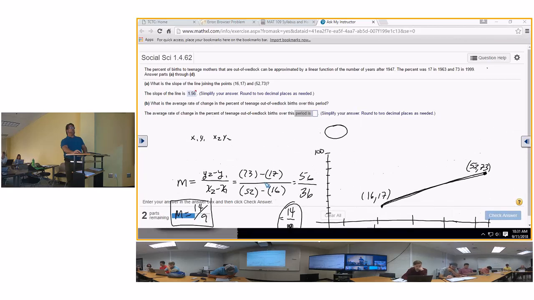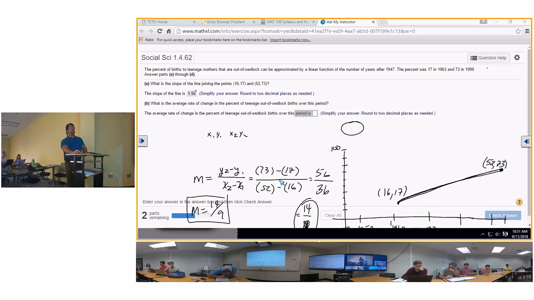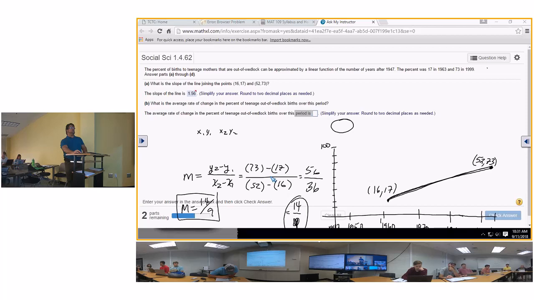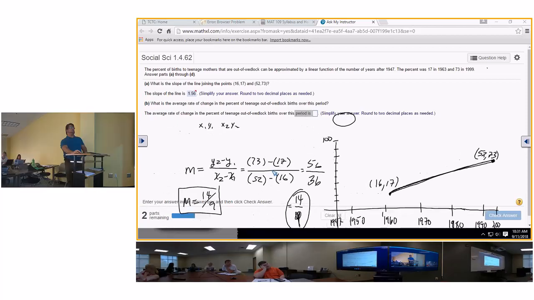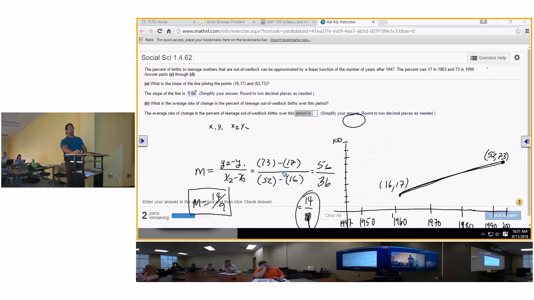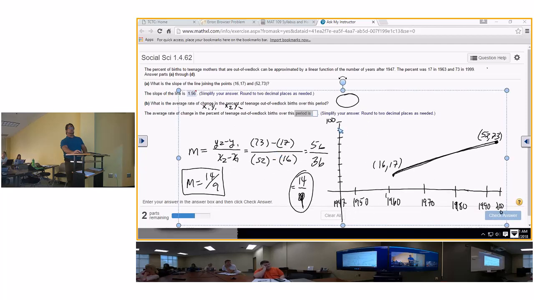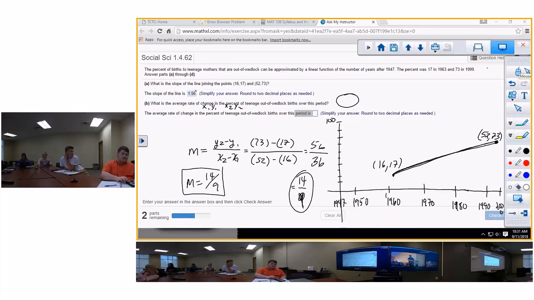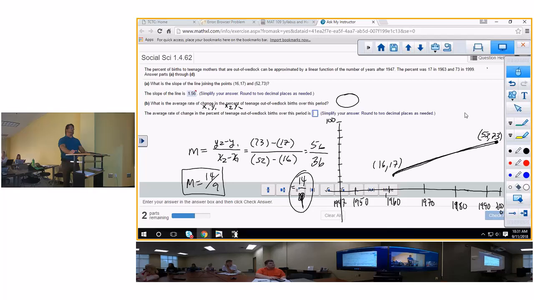What is the average rate of change in the percent of teenage out-of-wedlock births over this period? What is the average rate of change? 1.56. Again, they're trying to teach you something, but what they're doing is confusing you.